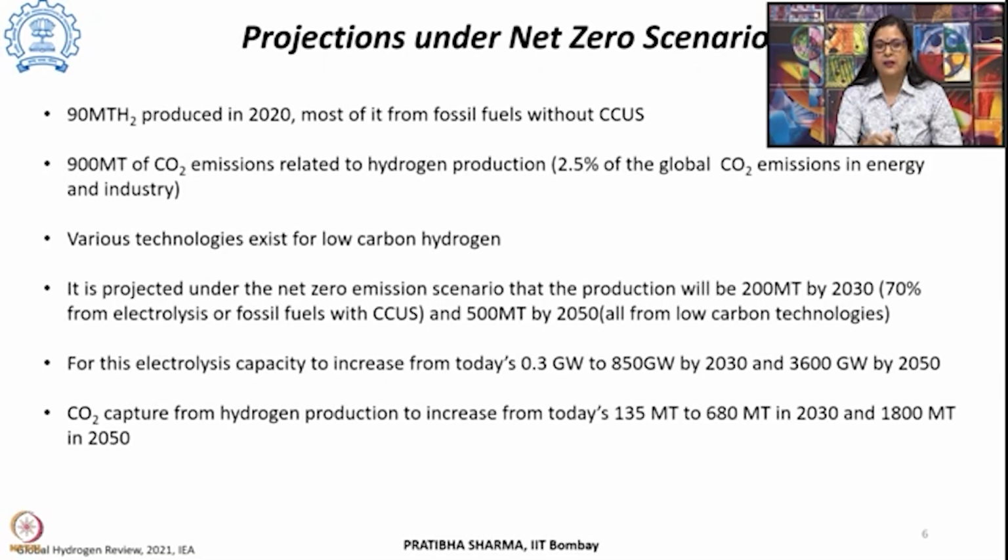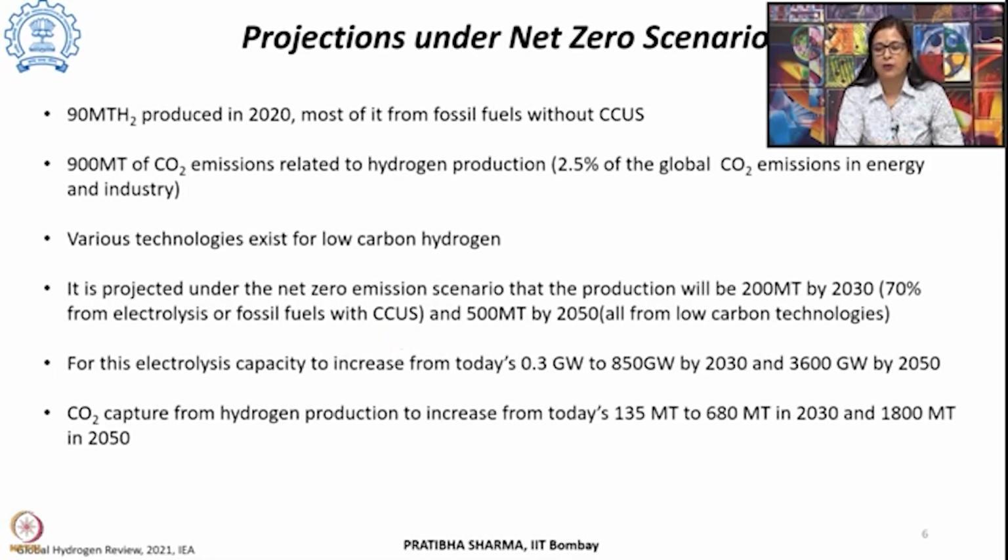However, it is expected that the scenario may change, and in the net zero scenario, the production of hydrogen will increase from the current 90 million tons to 200 million tons by 2030. And it is projected that out of that 200 million tons, 70% should come from electrolysis and fossil fuel with carbon capture, use and sequestration.